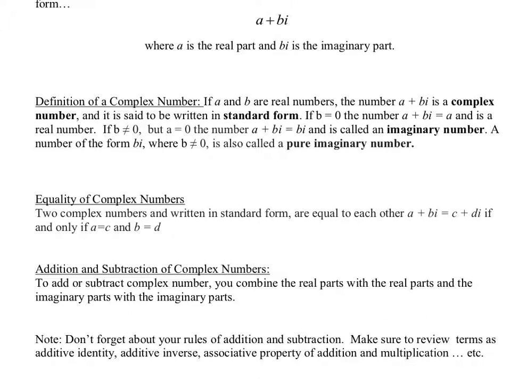If b equals 0, the number a plus bi equals a, and is said to be a real number. If b does not equal 0, but a equals 0, the number a plus bi equals bi, and is called an imaginary number. A number of the form bi, where b does not equal 0, is also called a pure imaginary number.